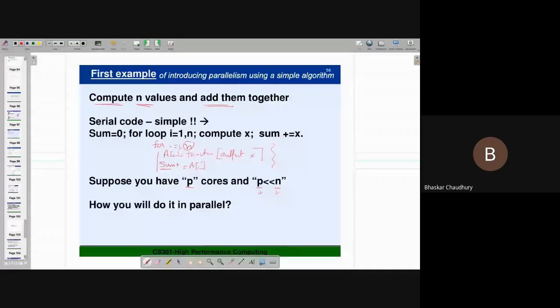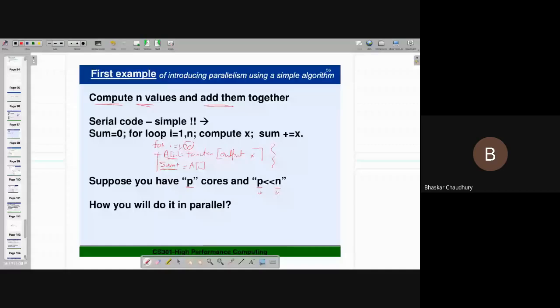When you calculate the sum, it definitely depends on the previous iteration, because they are related somehow. But if you look into this calculation, a[i], it does not really depend on anything else. It is independent for each iteration.